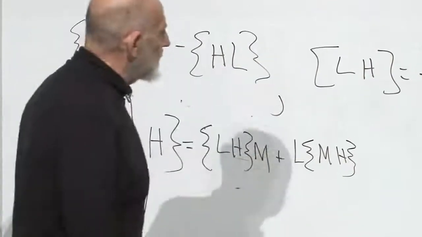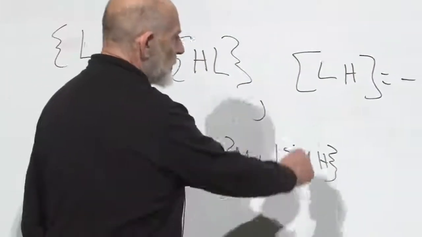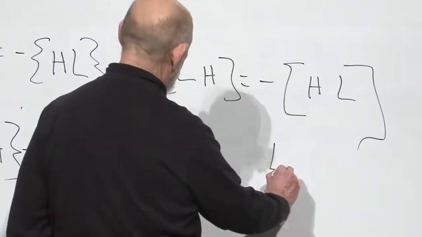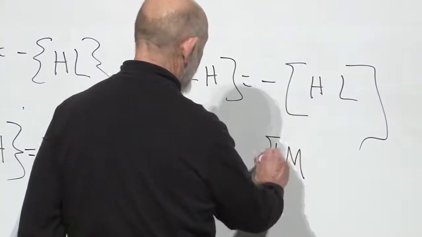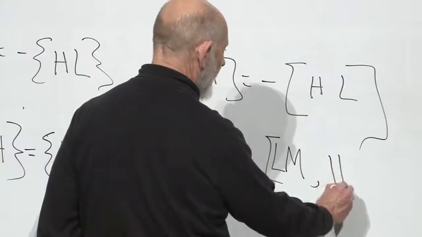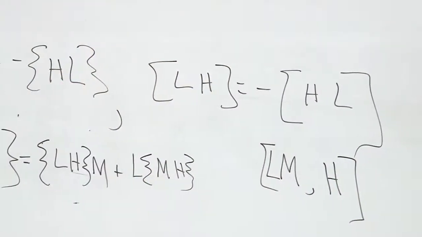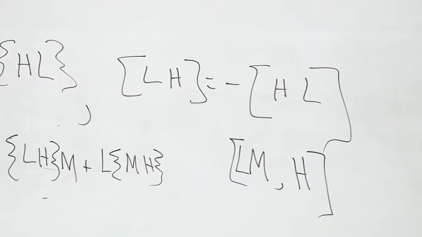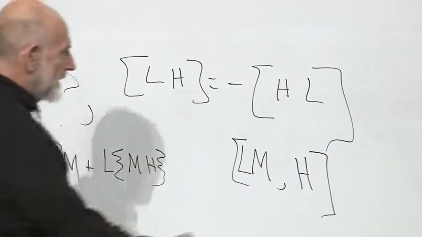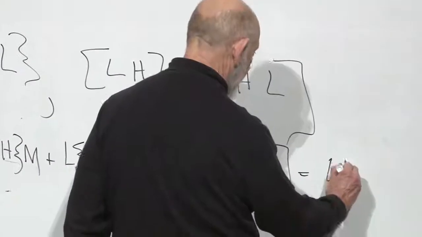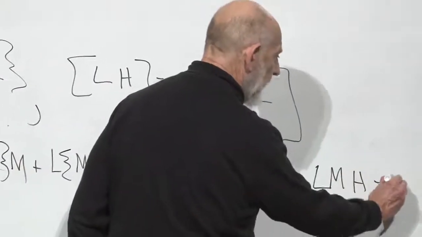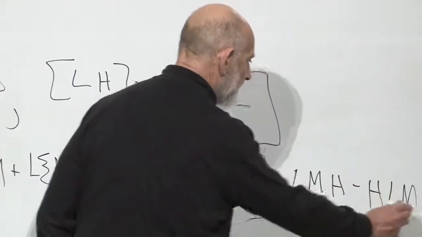You can ask the same question over here. Supposing you have LM and you take its commutator with H, what do you get? This is an exercise, and all you do is write that this is equal to LMH minus HLM.